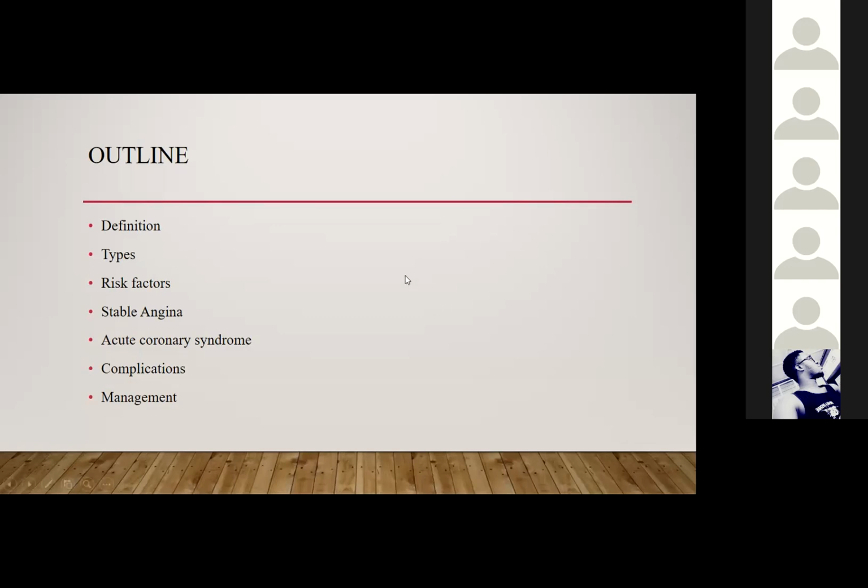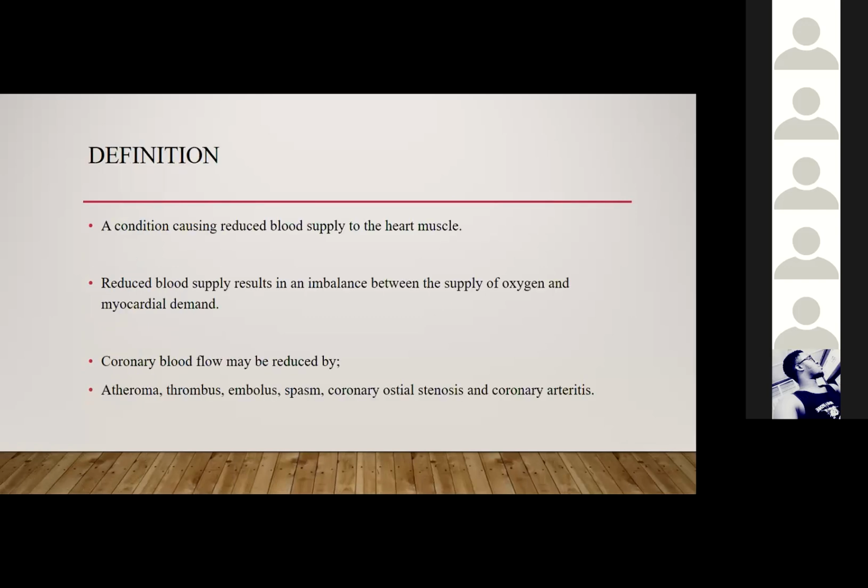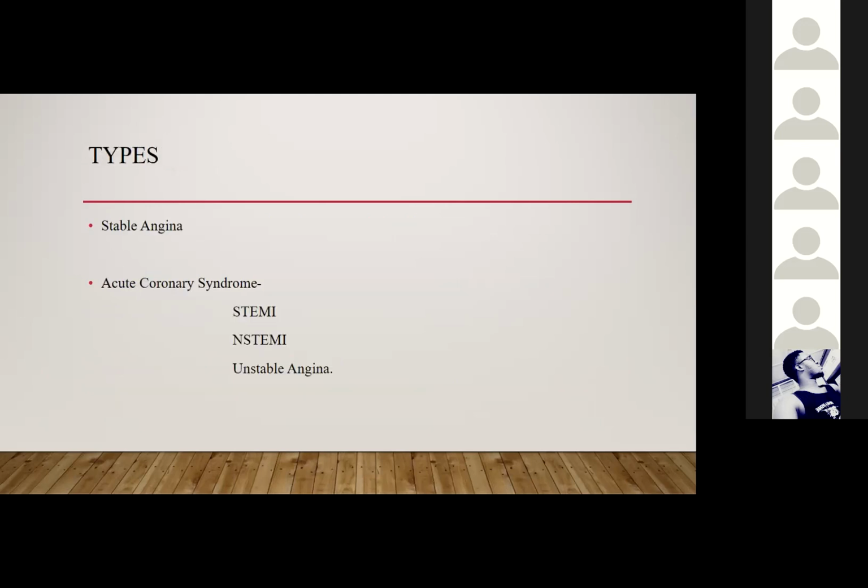We say that ischemic heart disease is the major term, the umbrella term, right? Under this umbrella term, we have stable angina, and then we have the acute coronary syndrome, which is another umbrella term composed of your myocardial infarctions and your unstable angina.